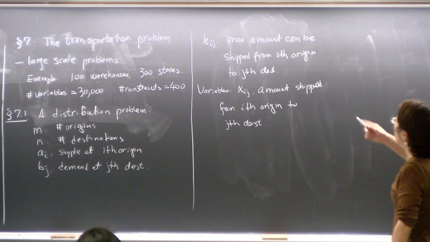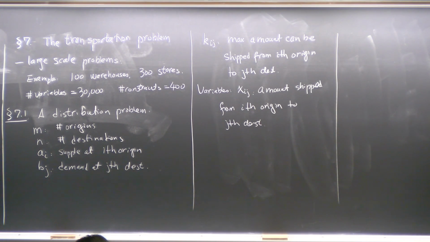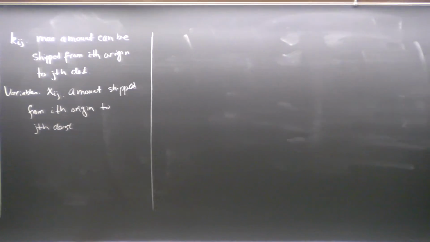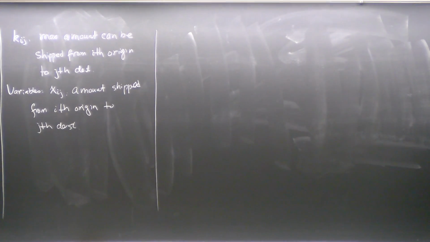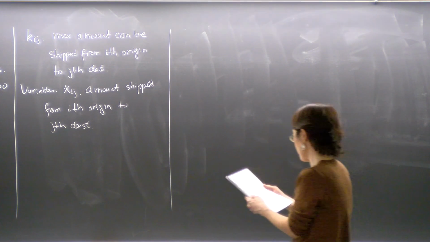Okay, so let's set up the model for this. We're not trying to optimize anything here yet. What we want to do is just set up all these constraints and see if we can find a schedule that will satisfy all the constraints. And then the optimization part comes later.